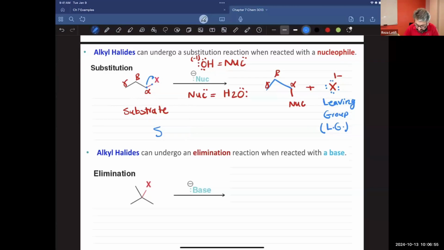And this reaction can be SN1 or SN2. Usually, if you want to be more precise, we write S capital, N a bit lower, and then a subscript, 2, or SN1.